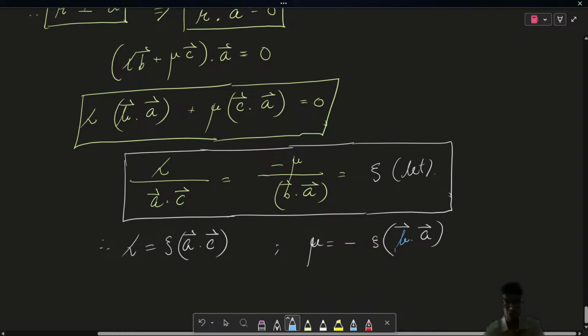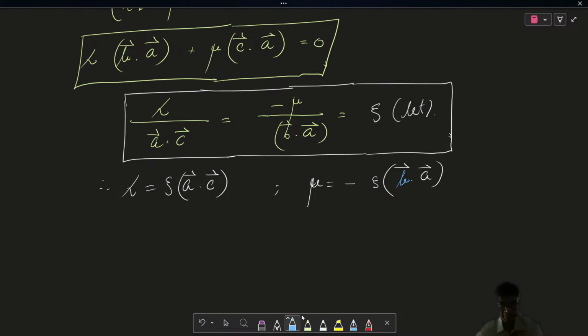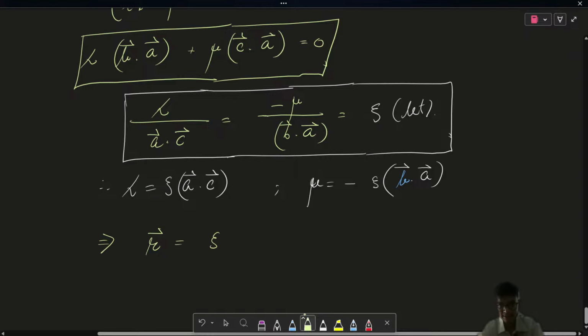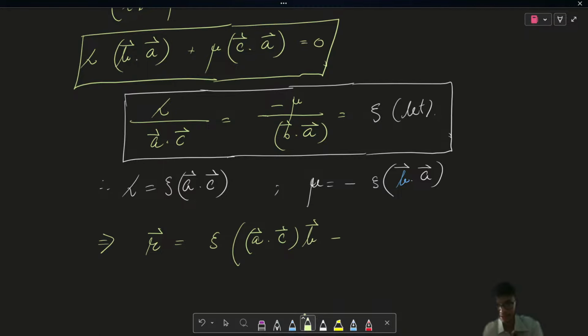Now if I substitute back into the equation, I can write R as zeta times of A dot C with B vector minus B dot A times C vector, like this. Zeta will be an arbitrary constant.